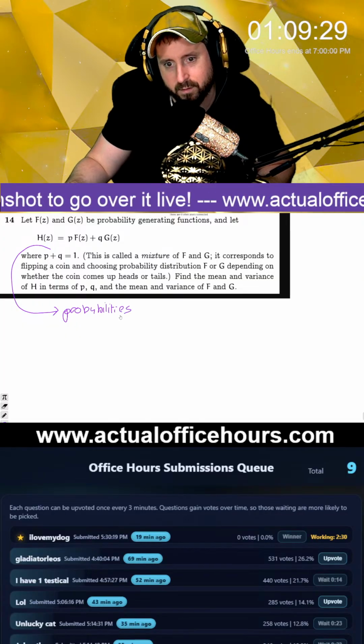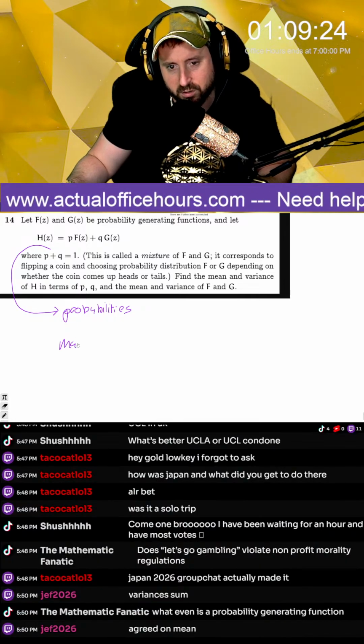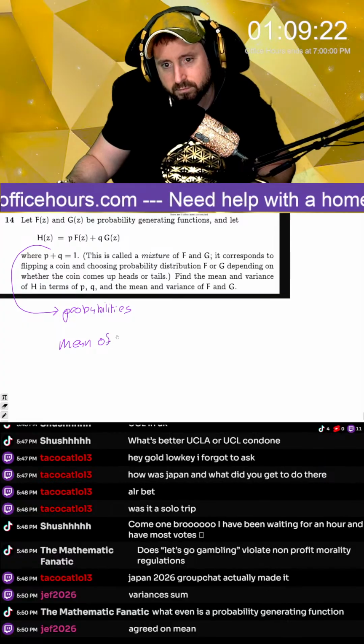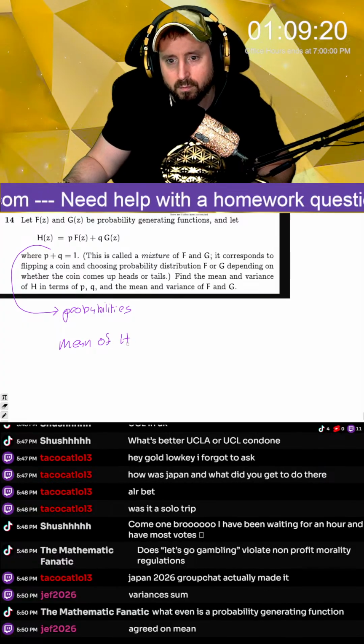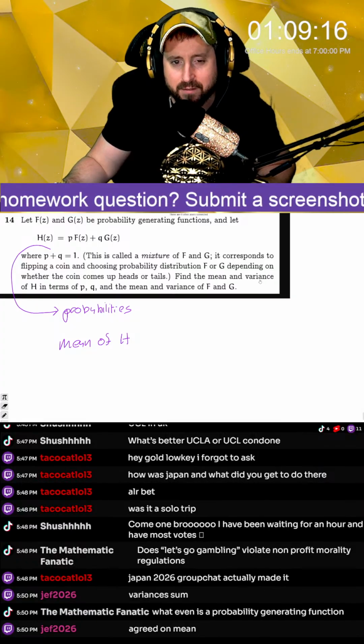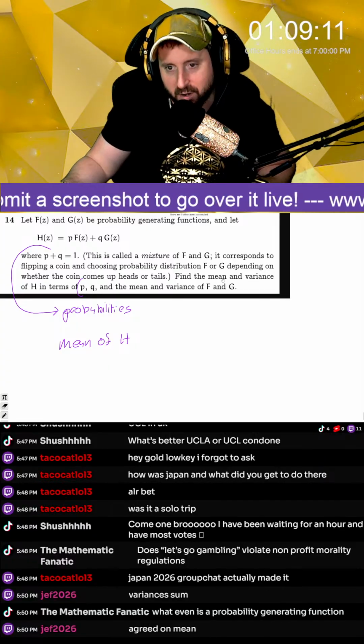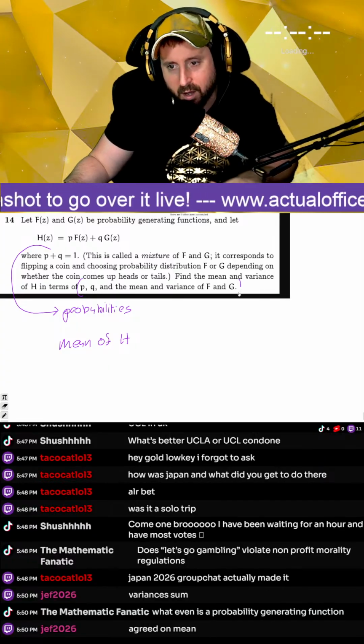So, I'm curious, like, the mean of h... Oh, I see. And find the mean and variance of h in terms of... And then it's p, q, and the mean... Okay, got it. I know what's going on here.